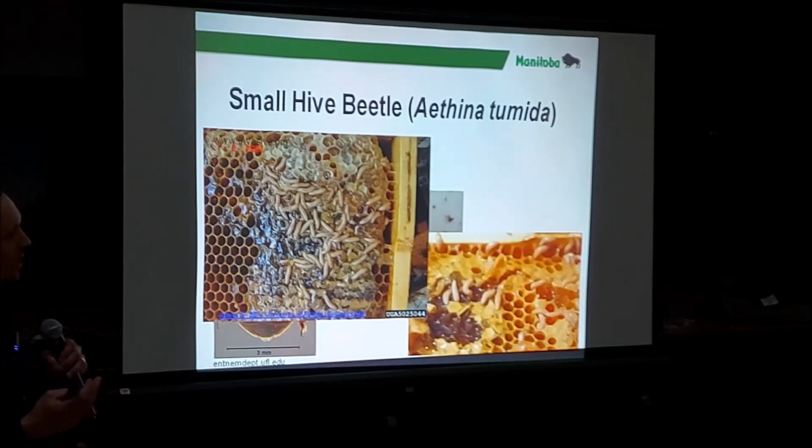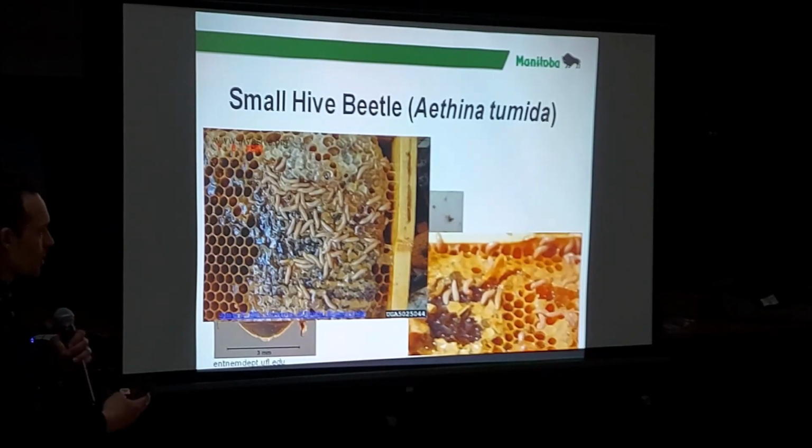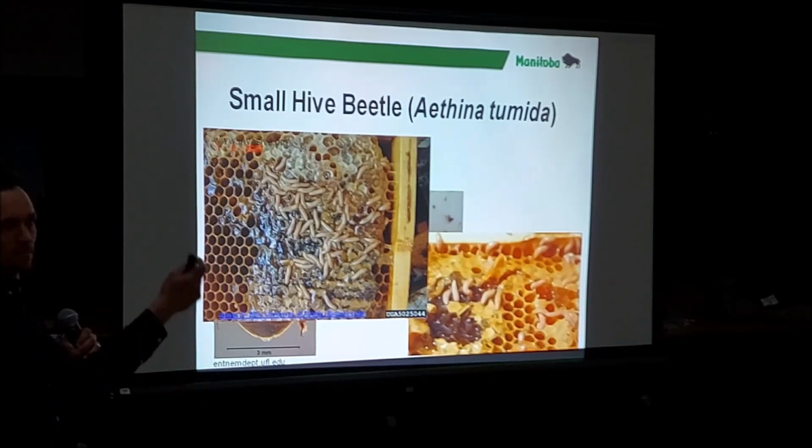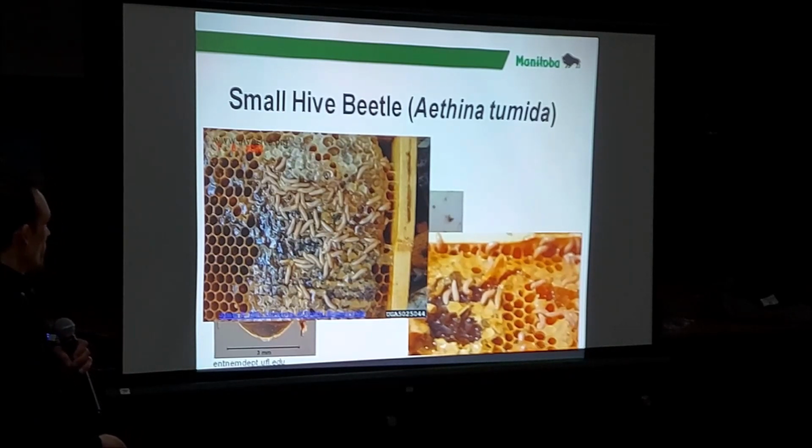Maybe a similar pest to wax moth, but also quite a bit different. And then after this larval stage, the larva actually goes out of the colony to pupate in the soil. Once it's pupated, the adult comes back into the colony and kind of starts that whole process again.